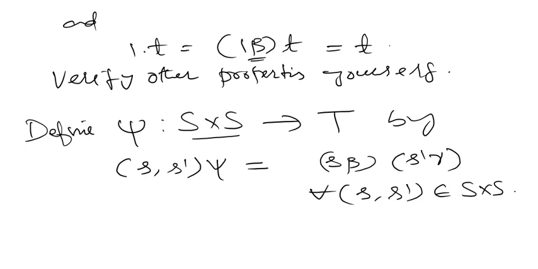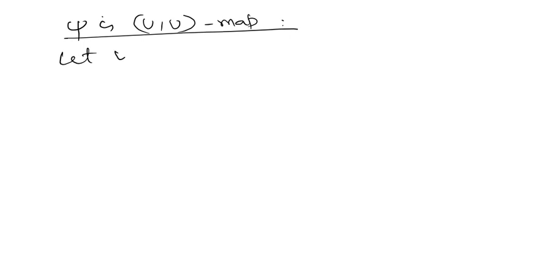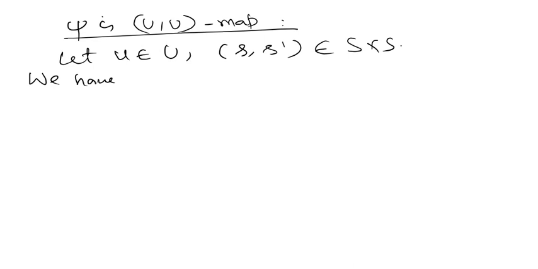Psi is a UU map, not a bimap. We will check the UU map: left U and right U map. Okay, so let's take an element u belonging to U, and an element s prime belonging to the domain S cross S. We have u times s prime and then psi.